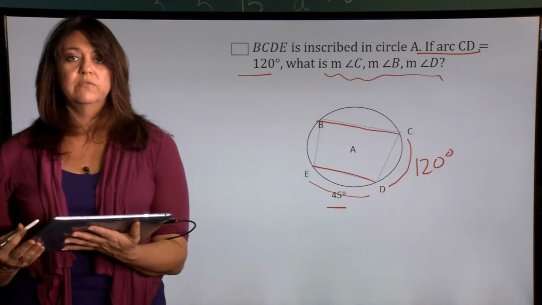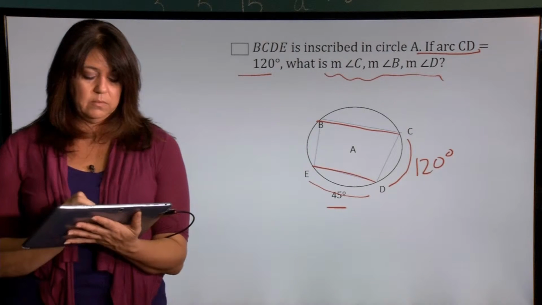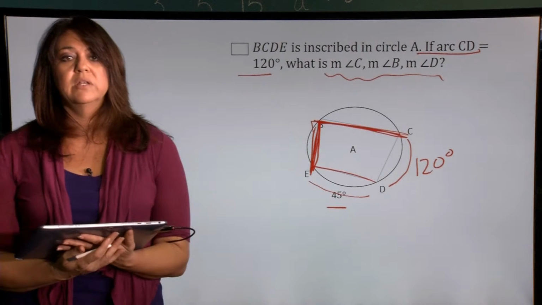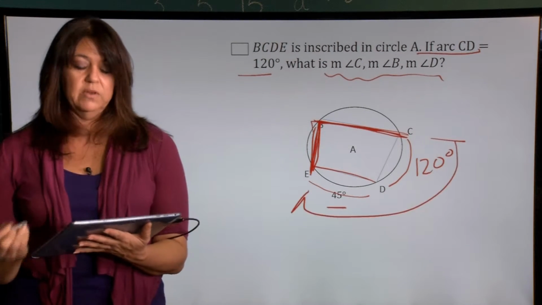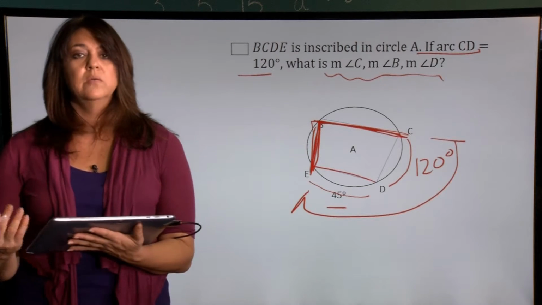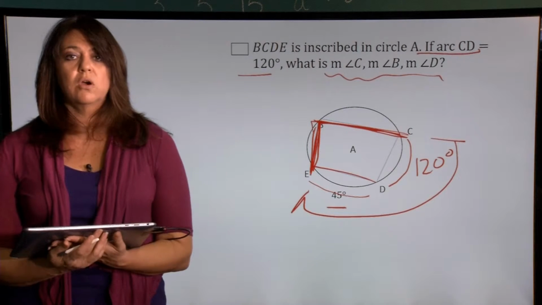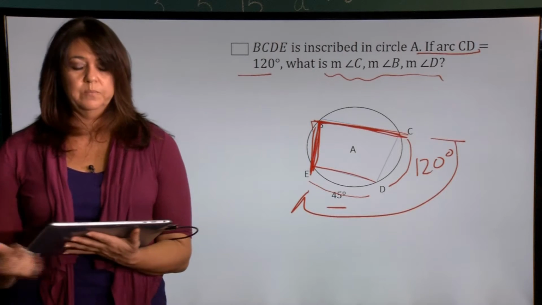ED is 45 degrees. So if we start from E and extend out to C, then we have an inscribed angle that equals half of this entire arc. Make sure you can see that in the figure. For many students, the hardest part of geometry is converting given information into the visuals of the drawings.